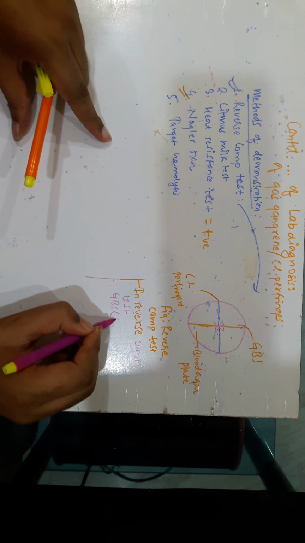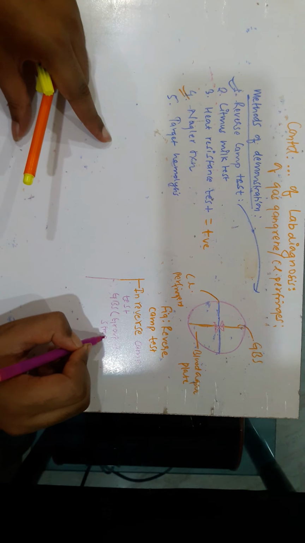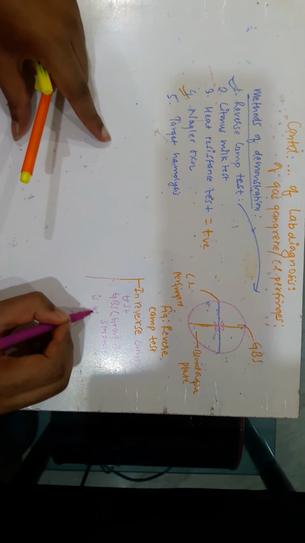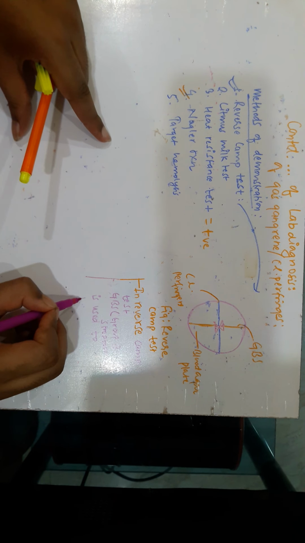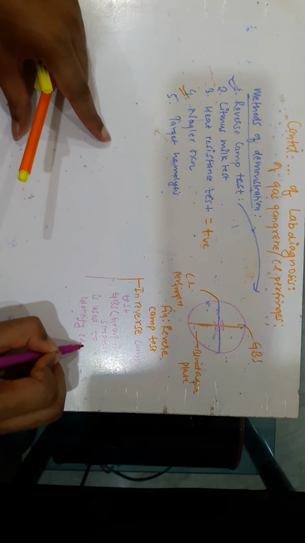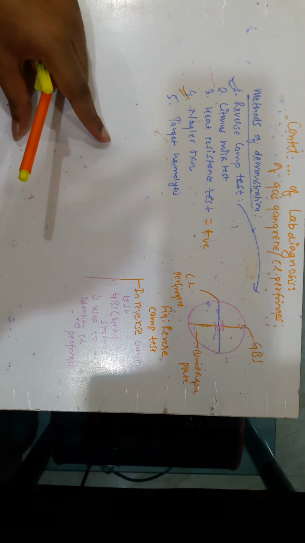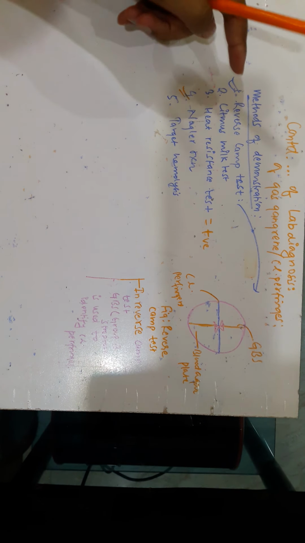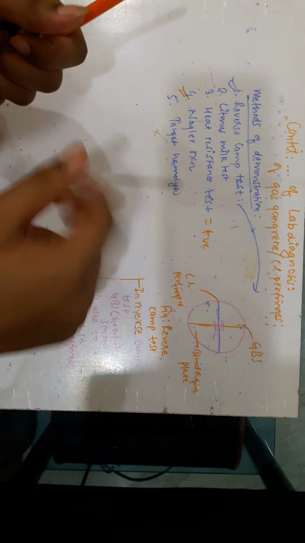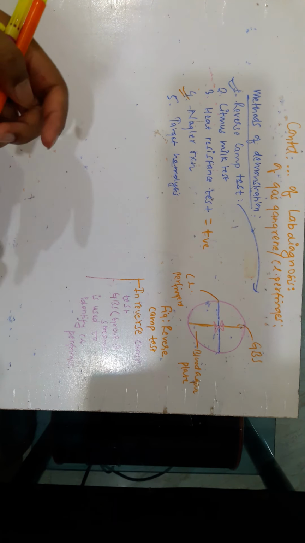GBS, that is group B streptococci, is used to identify Clostridium perfringens. Clear about this? The rest of the processes we discussed in the previous videos, and I also mentioned it briefly in the previous video. So this is the reverse CAMP test for demonstration of Clostridium perfringens.